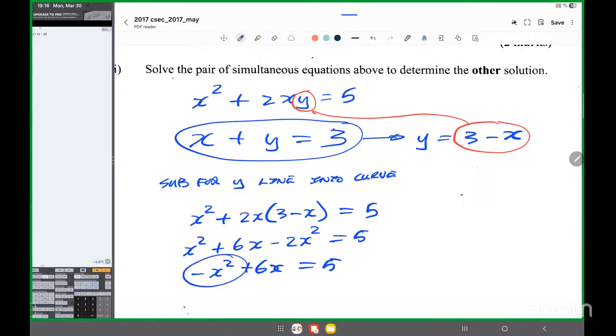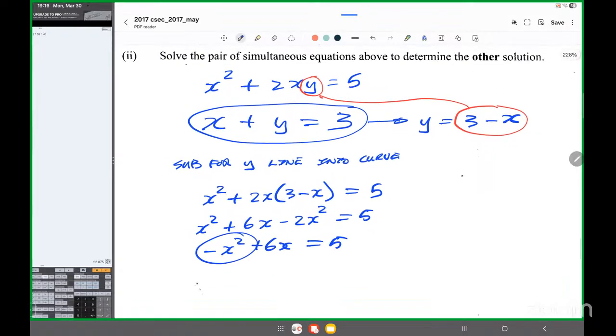I want my square term to be positive, so I'm going to transpose everything over onto this side. I'm going to get 0 equals x squared minus 6x plus 5. So I can put equals 0 here as well. It's all equal to 0.